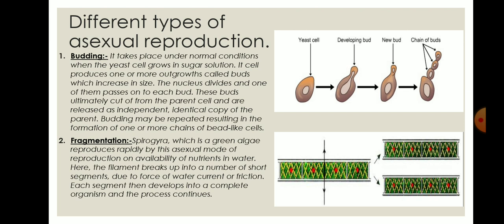Here the filament breaks up into a number of short segments due to the force of water current or friction. Each segment then develops into a complete organism and they reproduce continuously.